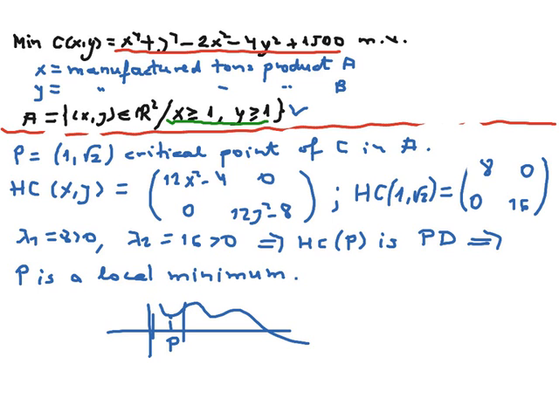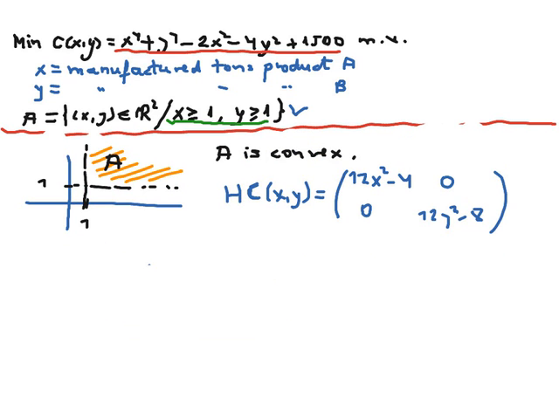Maybe this point could be the global minimum in set A. So that's what we are going to study now. To study global optimality, we must study the convexity of the function in the set. The first thing is to know if the set is convex.